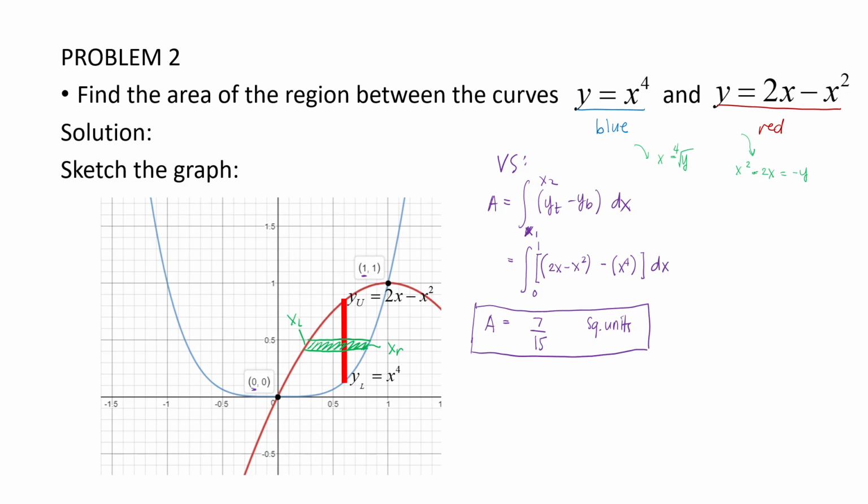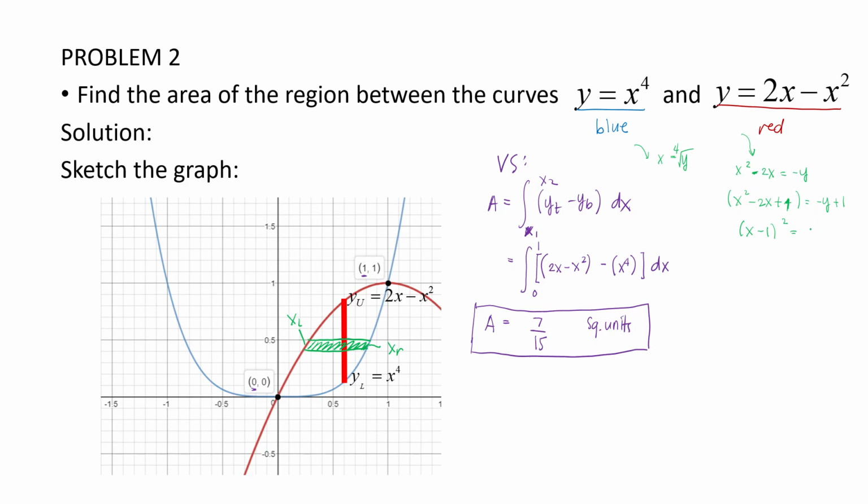Then completing the square, you're going to have x squared minus 2x plus 1. Then the other side would be minus y plus 1, di ba? Completing the square, and to balance the equation, this would give us (x minus 1) squared.